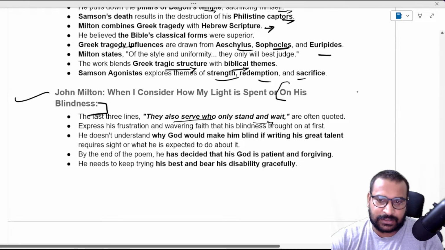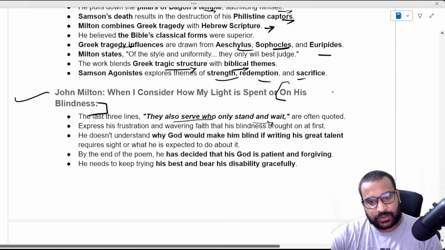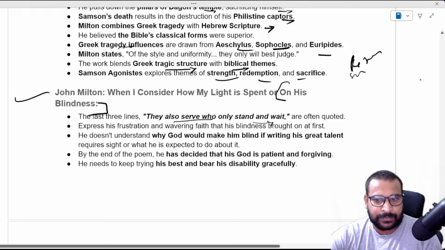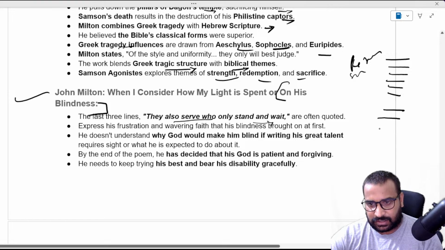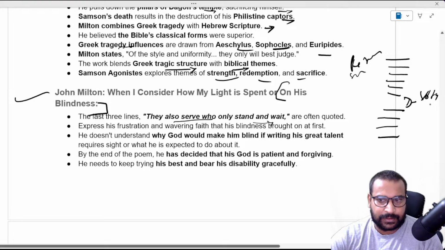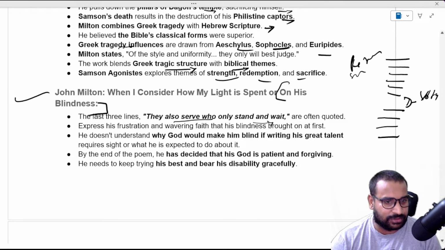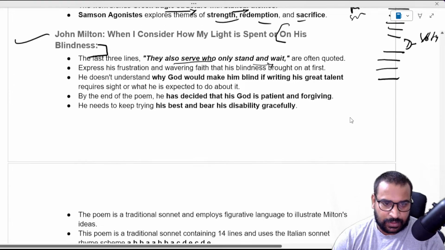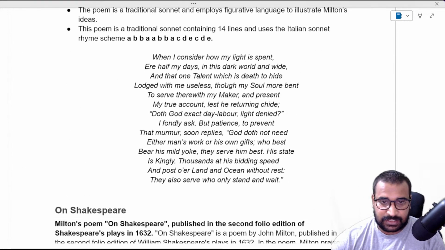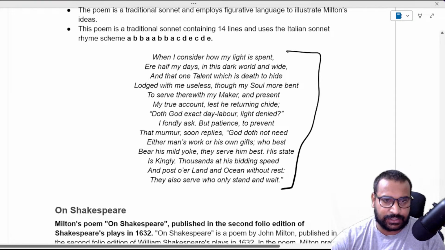So what happens usually in any sonnet, if somebody is following Petrarchan or Shakespearean, there will be a problem in the beginning, like all the lines, and then there will be a solution at the last two lines or the last four lines, and that turn is called what, usually volta, as you remember that we have discussed before. So that turn happens. First he complains about his blindness to God, and then he accepts it. So that's exactly what this sonnet is all about. So all the lines are important in that sonnet that you have to consider.